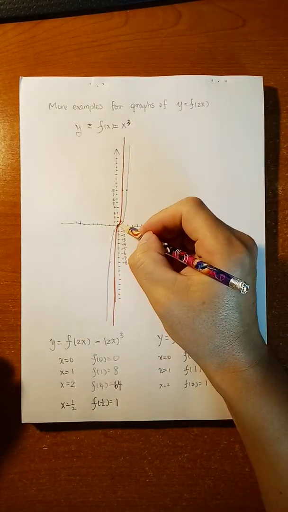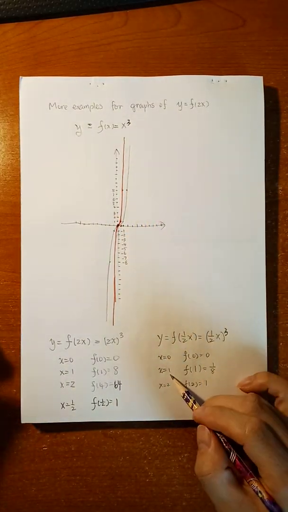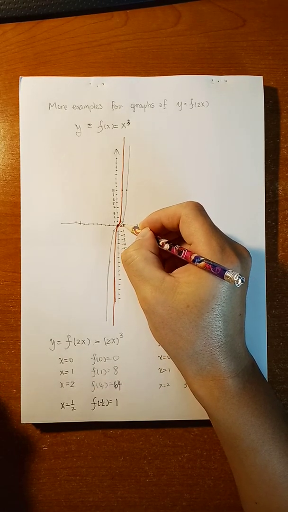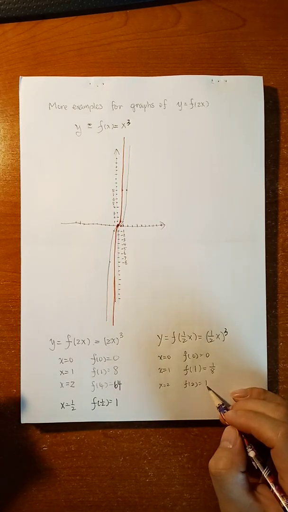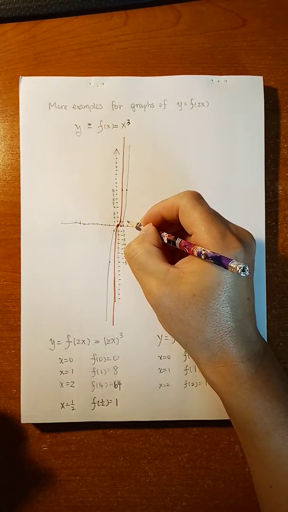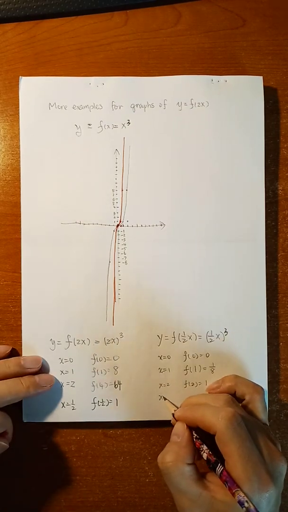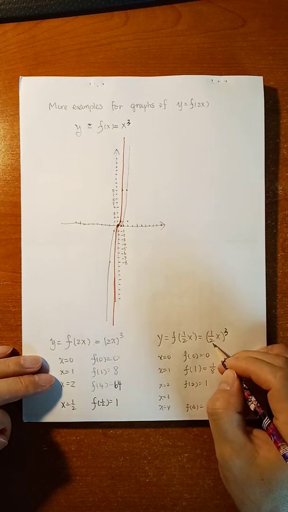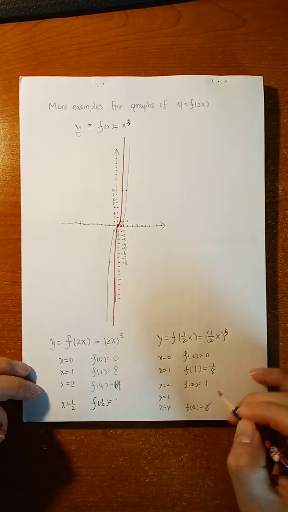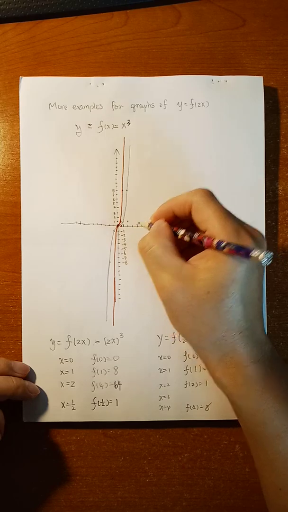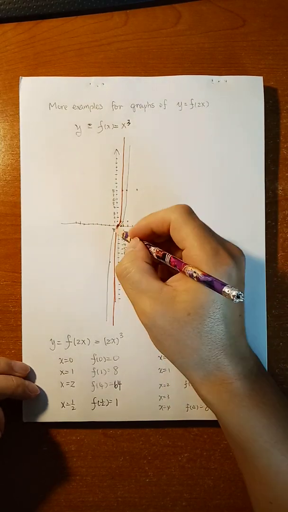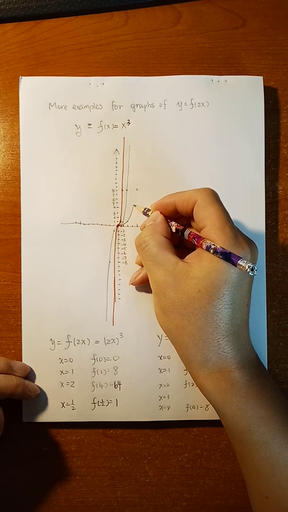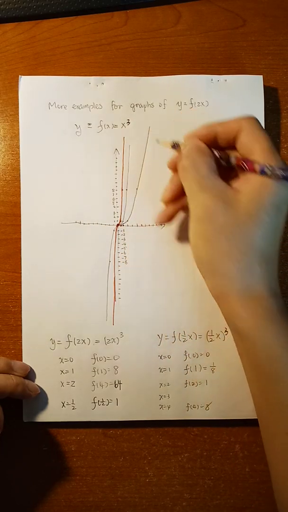When x is 0, it's 0 here, this point. When x is 1, it's 1/8. It's very low here. When x is 2, the value is equal to 1. It's here. Let's check x is 4. When x is 4, 4 times 1/2 is 2. 2 cubed is 8. So 1, 2, 3, 4, at 4 it is here. So if we connect them, it's this way.